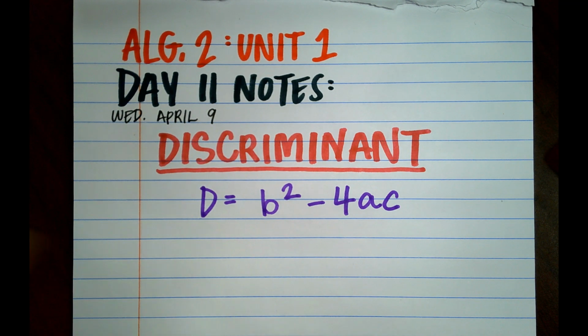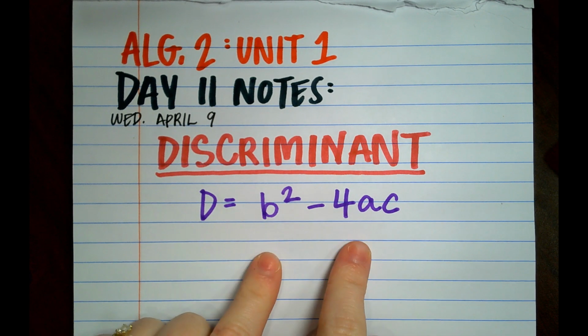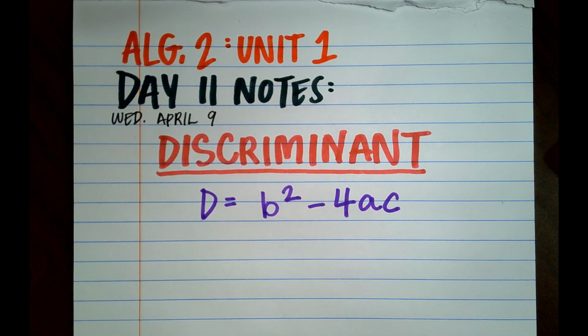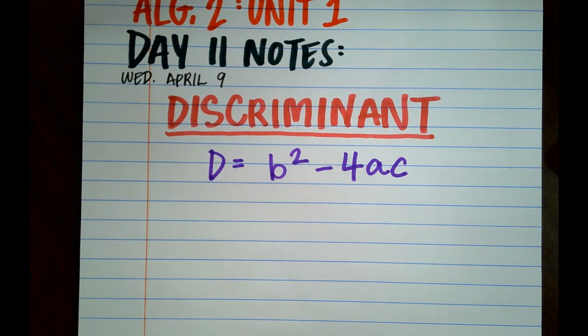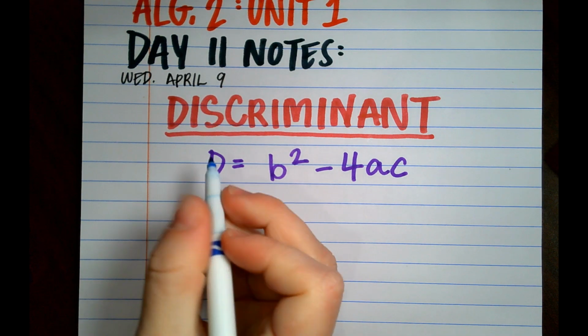Basically, without solving the whole quadratic and getting the answers, if we just do this part, there's a few things that we can know about the equation. And I'm going to give you a list of things. There are 3 options.